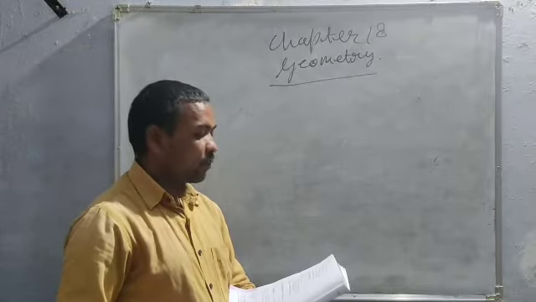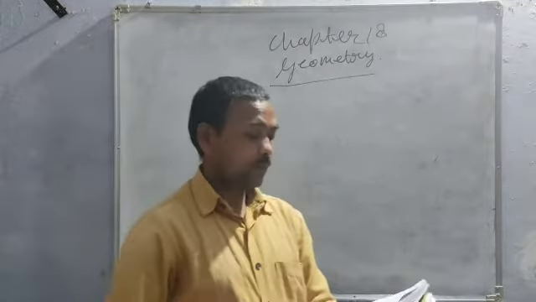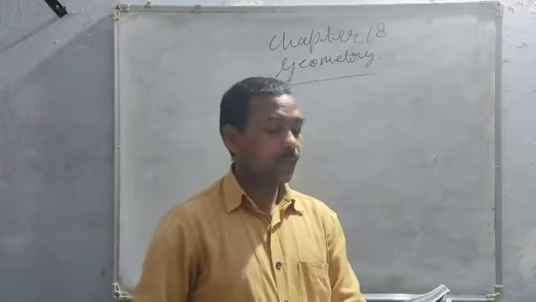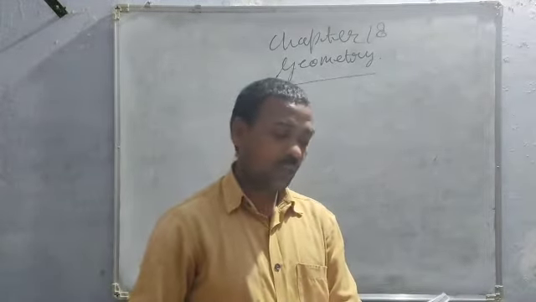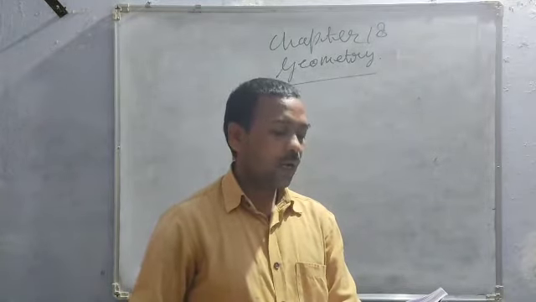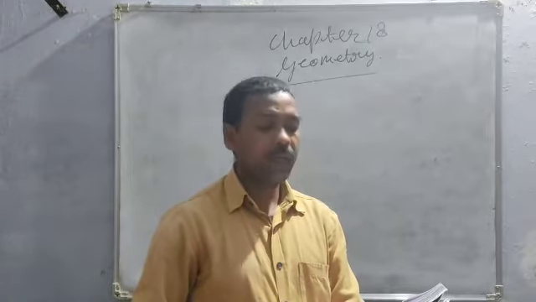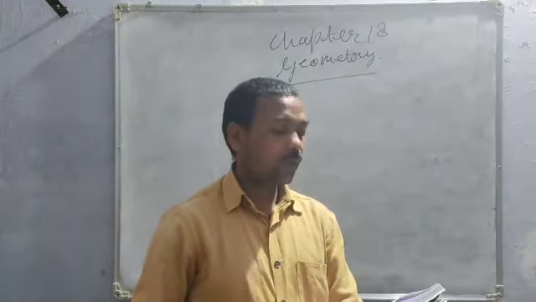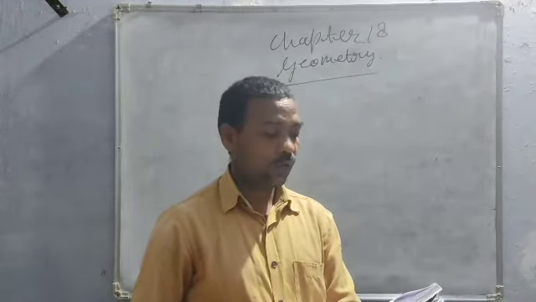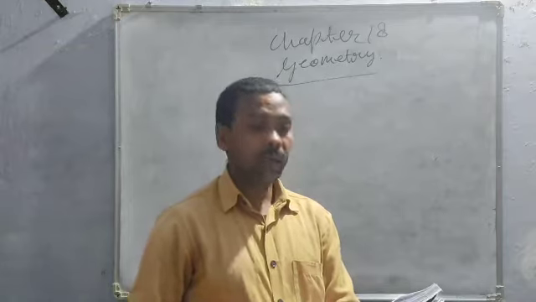A line is similar to a ray because both have lengths that are not measurable. By learning the definition, you can write the answer.